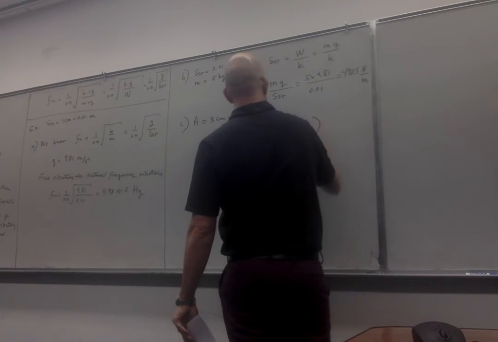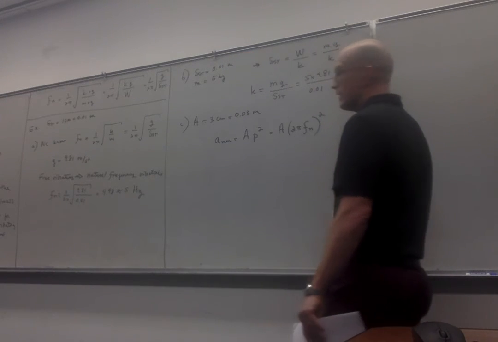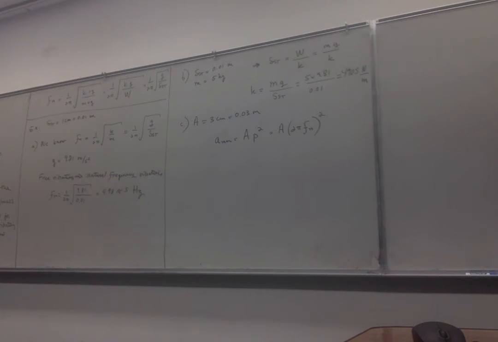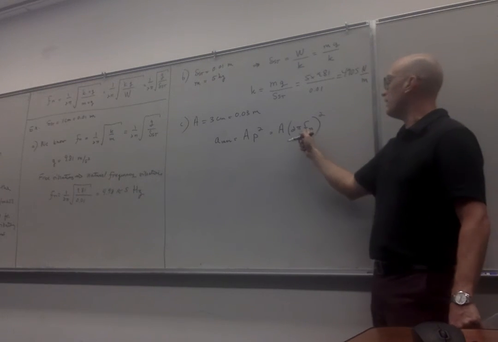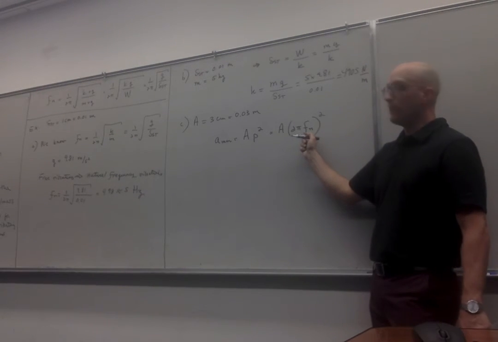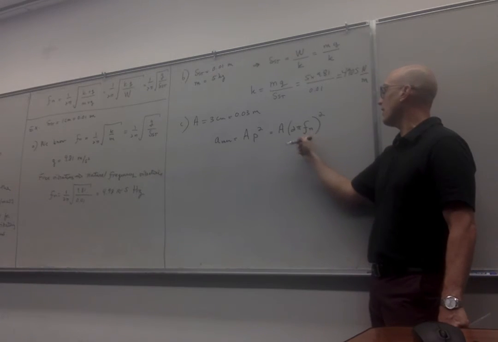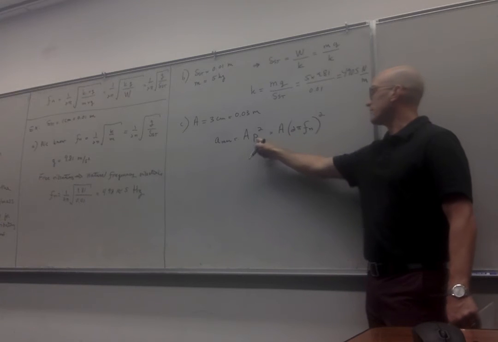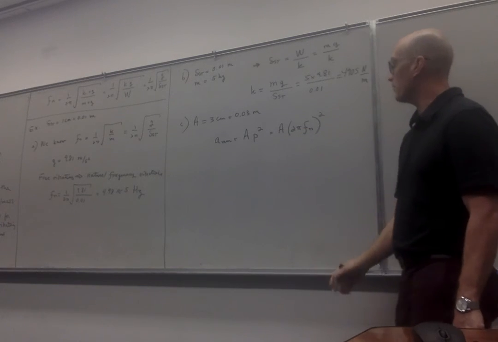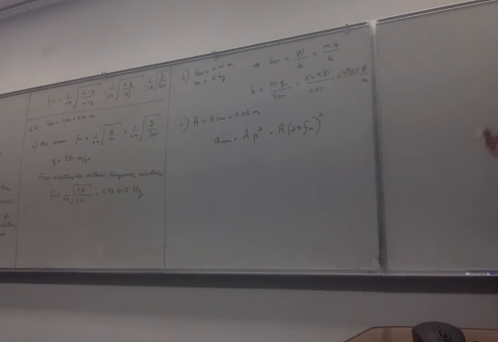This applies in any case, it doesn't have to be freely vibrating. If it's following a sine vibration, you can always express the angular frequency this way. Since it's freely vibrating, it has to be expressed using the natural frequency.